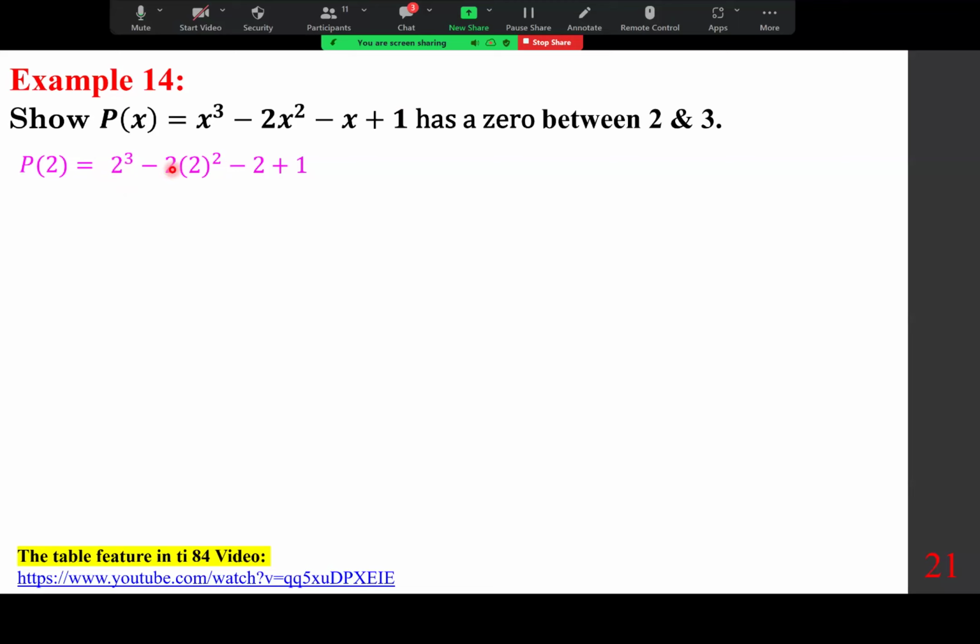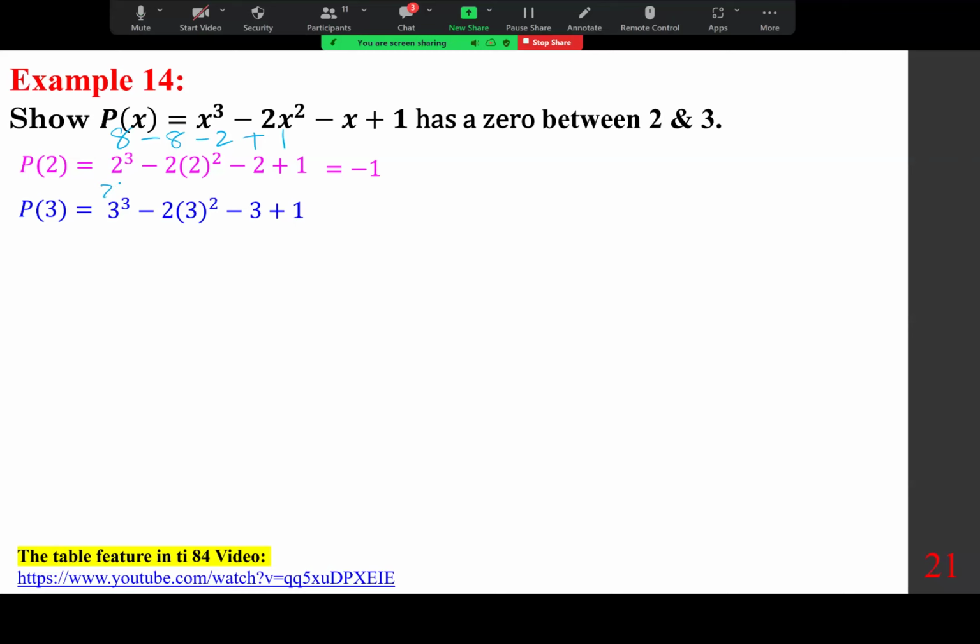This is 8, and this is 4 times 2, which is 8. 8 minus 8, and it becomes negative 1. Let's plug in 3. We get 3 cubed minus 2 times 3 squared minus 3 plus 1.